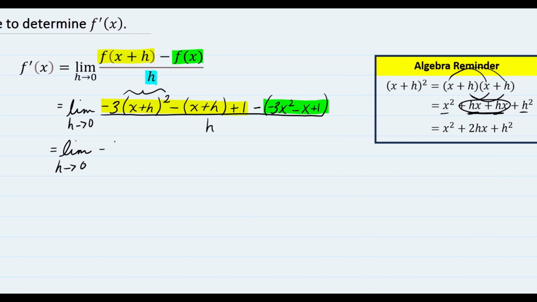So we have our -3, and then our x squared plus 2hx plus h squared. We continue on with our minus x minus h, and then plus 1. And now we can distribute that negative for the minus f of x. So it becomes plus 3x squared plus x minus 1.